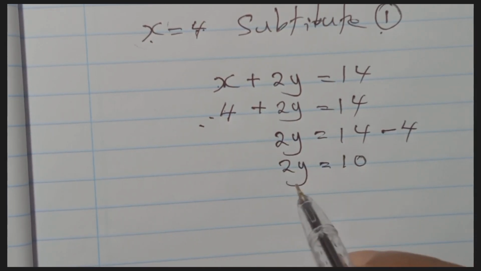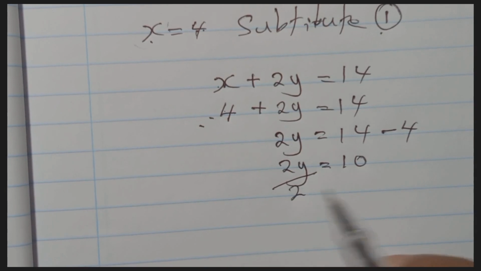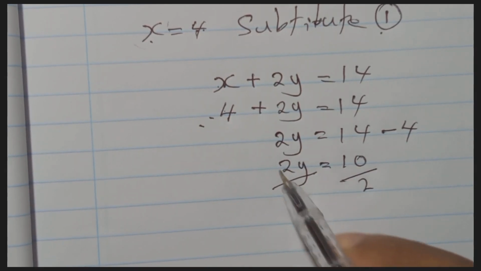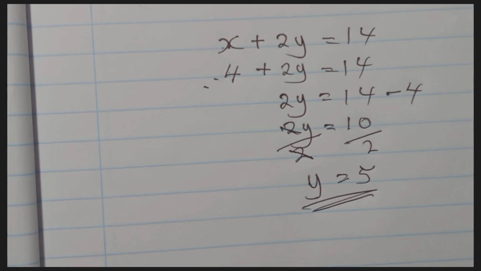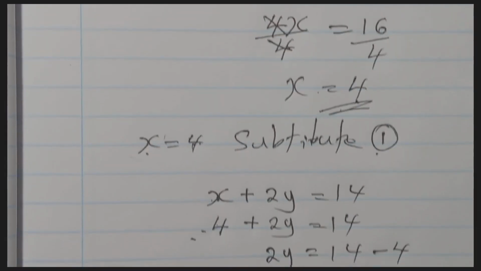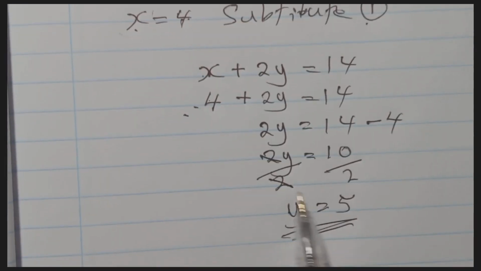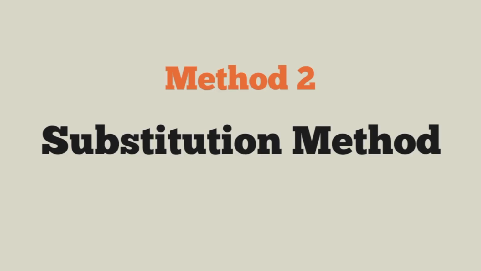Now to find y, what you should do? Both sides divide by 2. So 2 to 2 cut. y will be equal to 10 divided by 2, what is the answer? 5. So this is the first method, using elimination method, how we can solve the simultaneous equation. Now we got both answers: y equal 5, x equal 4.